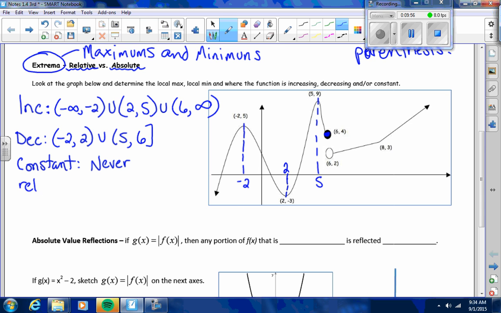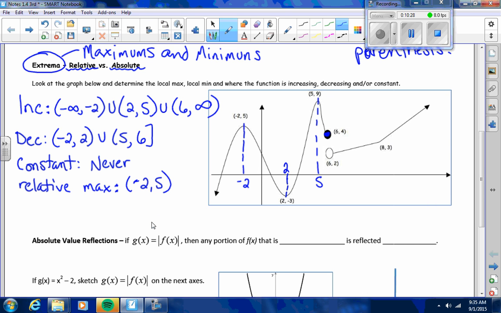So relative max. Do we have a relative maximum where local to a certain area it actually reaches a peak? Yes. Okay. Chewy, where's one? -2, 5. That is a relative maximum.